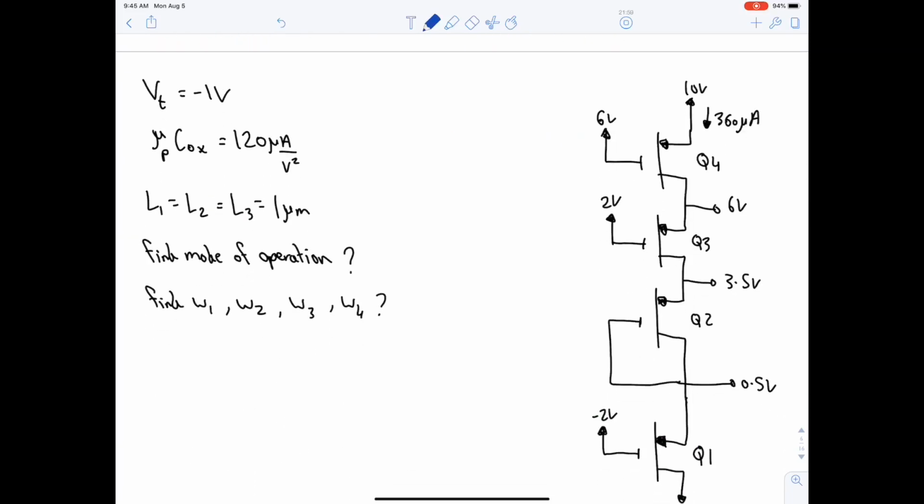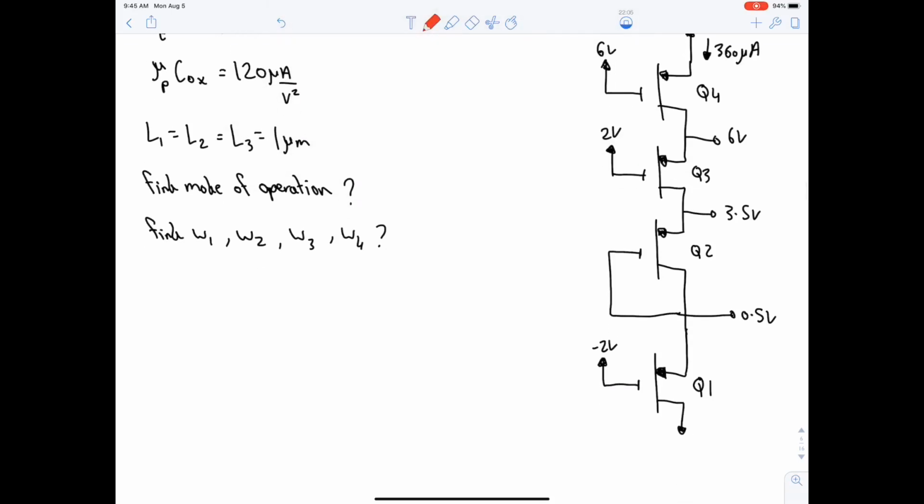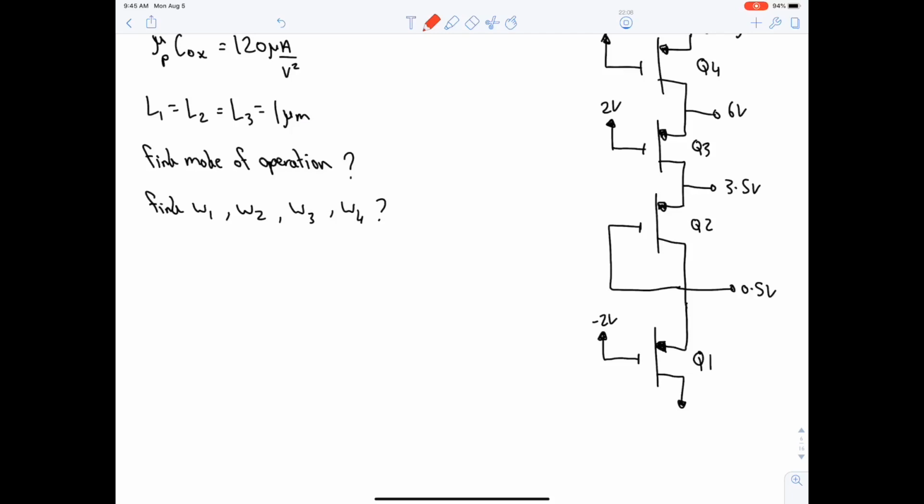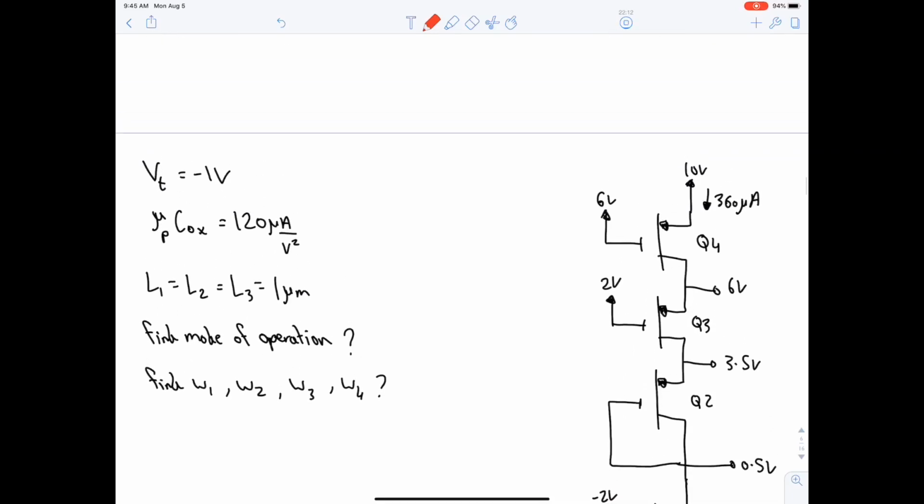Next, find mode of operation and W's. Let's first begin by labeling the MOSFETs. This is PMOS. This is actually, all of them are PMOSs. Okay, so all of them are PMOS.